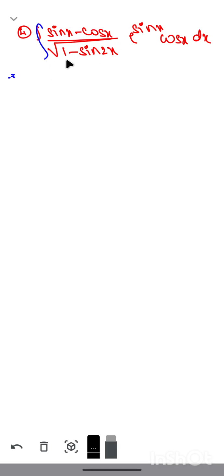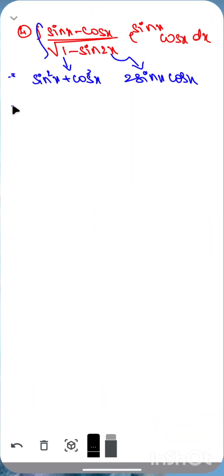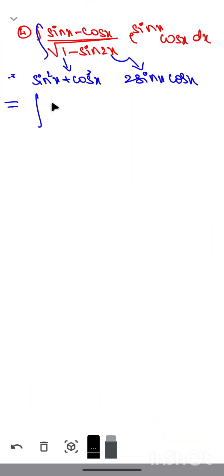This 1 can be rewritten as sin square x plus cos square x, and by the multiple angle formula sin 2x can be rewritten as 2 sin x into cos x. So the entire denominator becomes sin square x plus cos square x minus 2 sin x into cos x, which is exactly in the form of a minus b whole square.